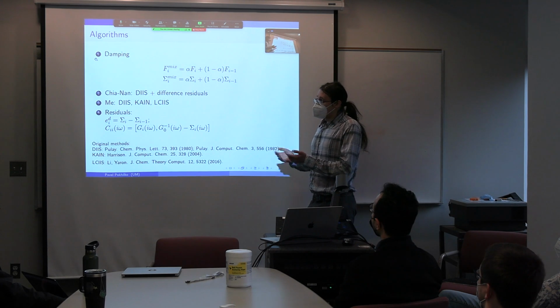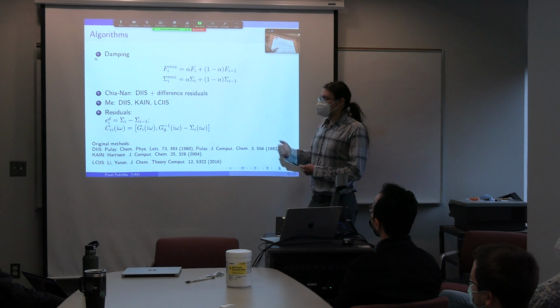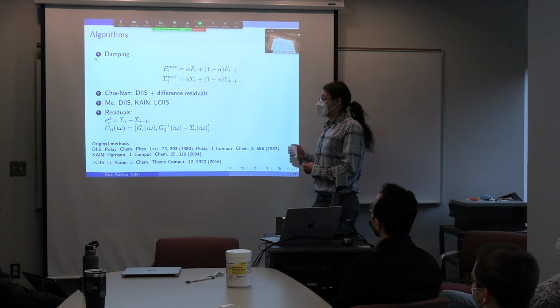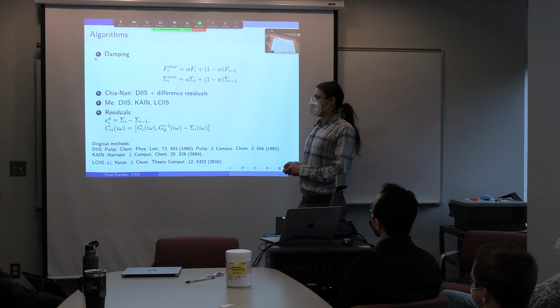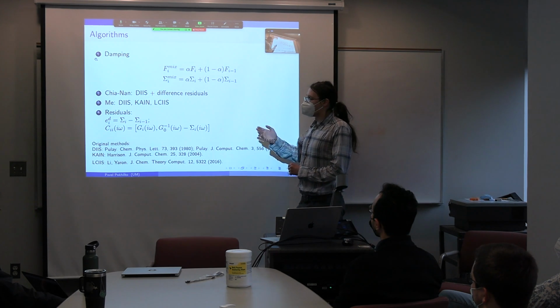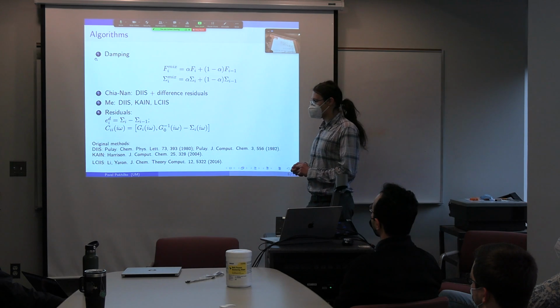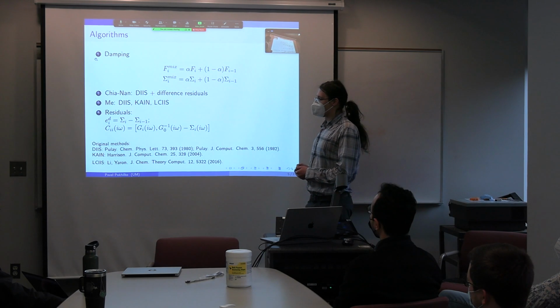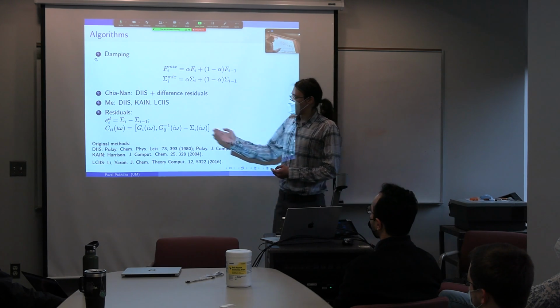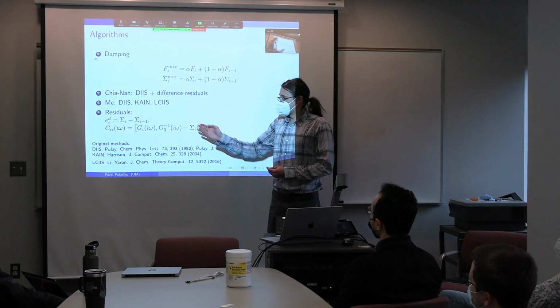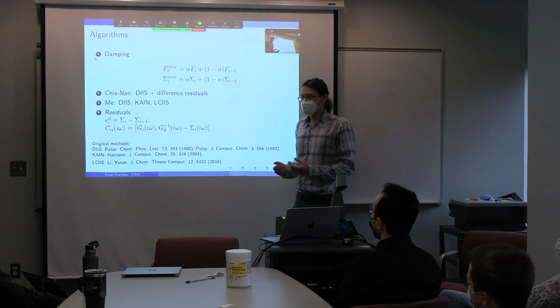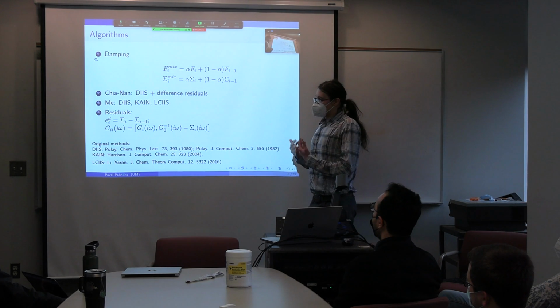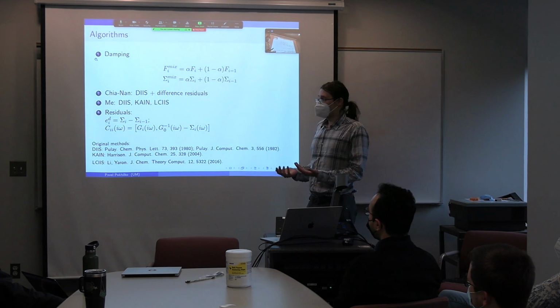So I implemented DIIS, I implemented KAIN, or Krylov subspace accelerated inexact Newton method, and LCIIS, or least squared commutator in the iterative subspace. I also implemented several types of residuals. The difference residual, where the differences between self-energies are taken as a residual, and the generalized commutator residual.